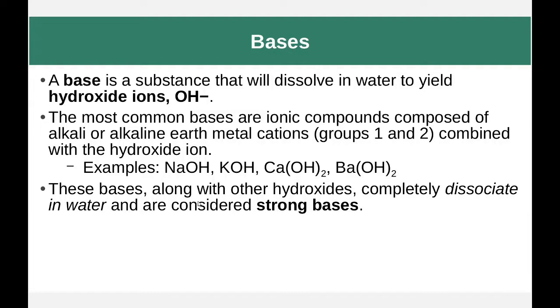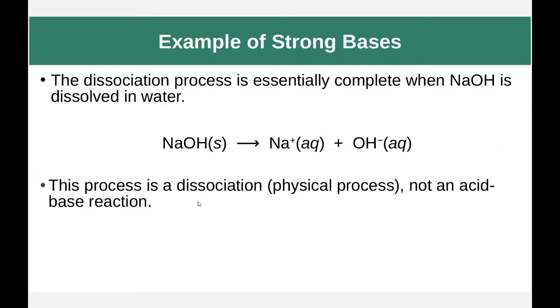These bases completely dissociate in water, so they are the strong bases. If we add sodium hydroxide solid to water, we're going to get almost complete dissociation into sodium ions and hydroxide.